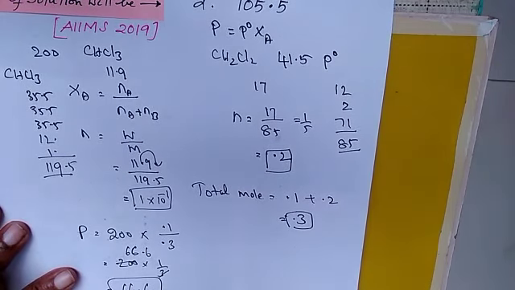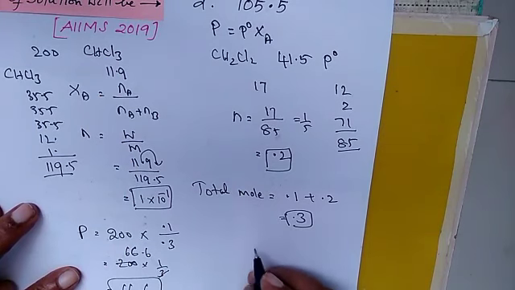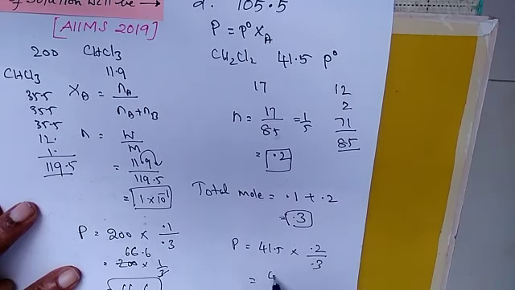This is the vapor pressure of your chloroform. The same thing we have to do here. The pure solvent is 41.5 into the individual number of moles 0.2 divided by the total 0.3, so it is 41.5 into 2 by 3.